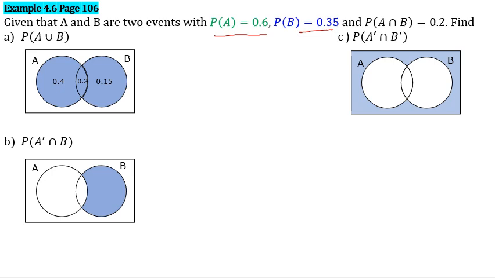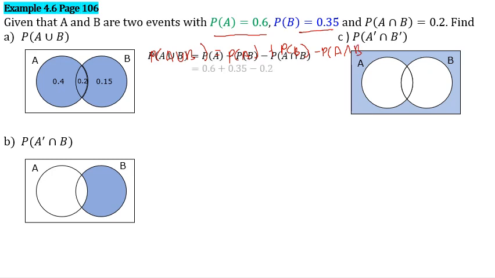We use the addition rule: P(A union B) equals P(A) plus P(B) minus P(A and B), 0.6 plus 0.35 minus 0.2, and we got 0.75. Or we use this formula, 0.4 plus 0.2 plus 0.15.